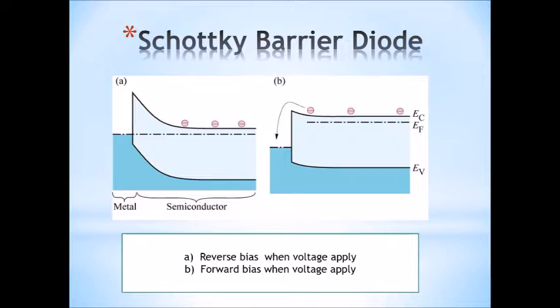When a forward bias voltage is applied to the Schottky diode, a large number of free electrons are generated in the n-type semiconductor and metal. However, the free electrons in n-type semiconductor and metal cannot cross the junction unless the applied voltage is greater than 0.2 volts.